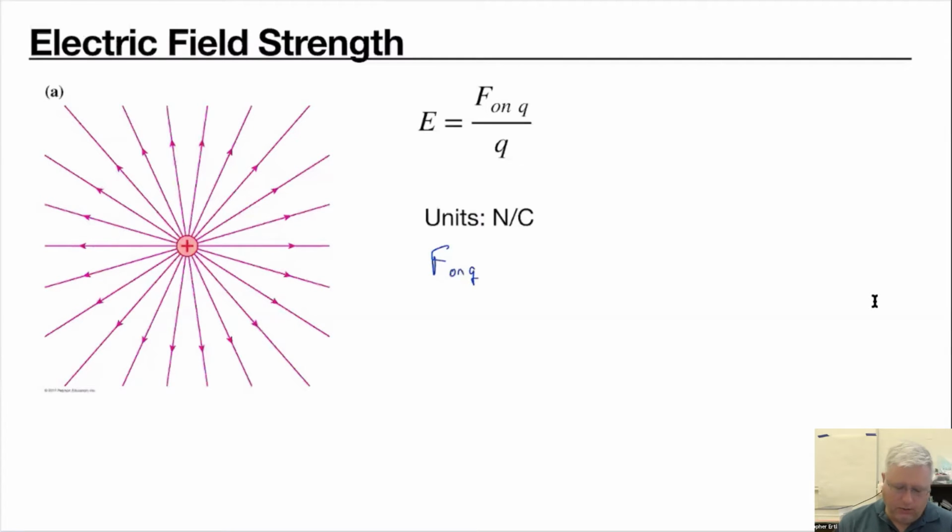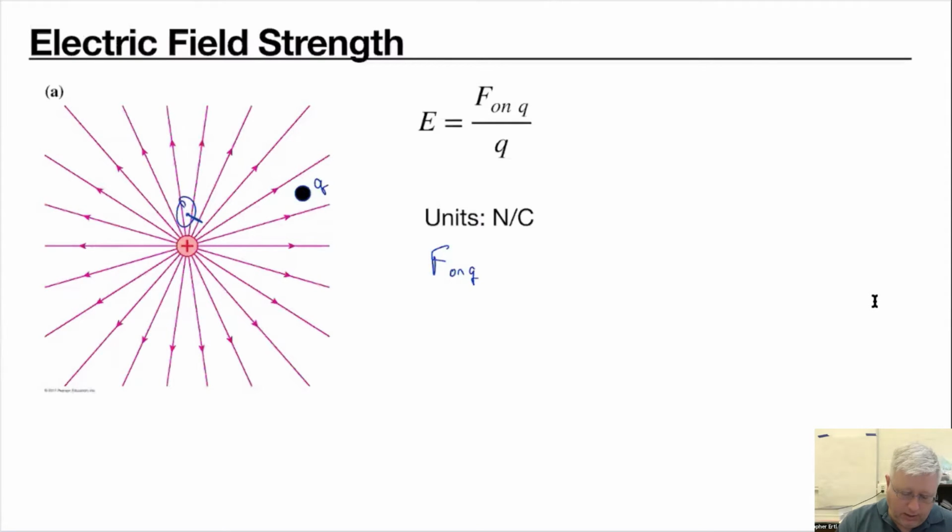When I say q, let's say that there's a charge, capital Q, the point charge, the source charge, and it's creating the field. And if we put another charge q in the field, essentially like a test charge, we can determine what the strength is at a certain location in the field, because it's going to vary.